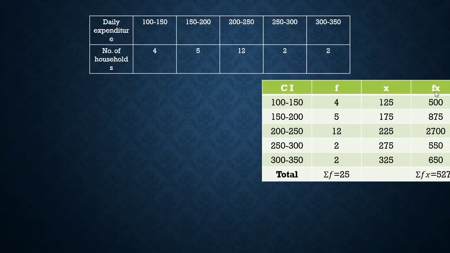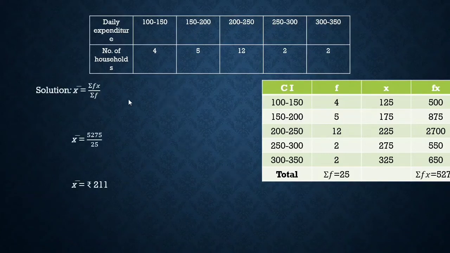So now to find fx, multiply the corresponding frequencies and class marks. 4 into 125, 500. 5 into 175, 875. 12 into 225, 2700. 2 into 275 is 550, and 2 into 325 is 650. Now to find summation of fx, we will add all the fx values, and that sum is equal to 5275.